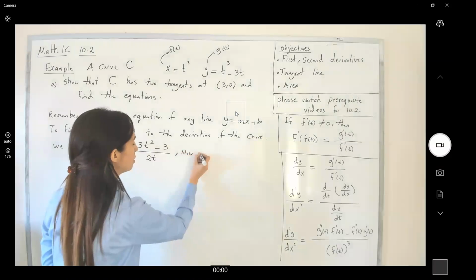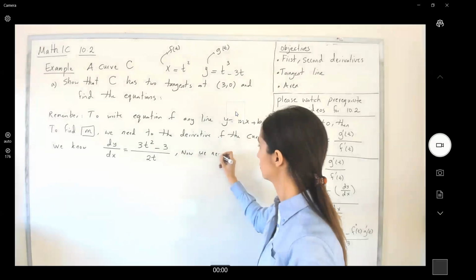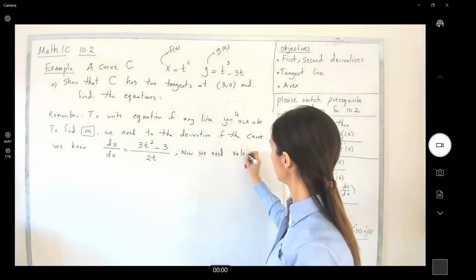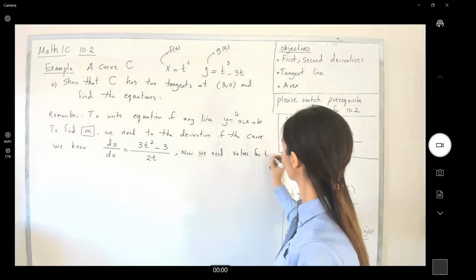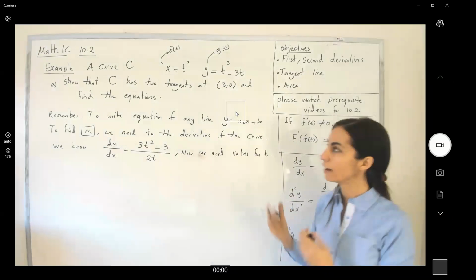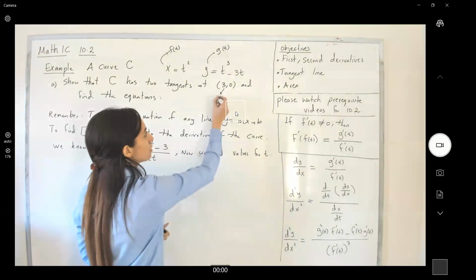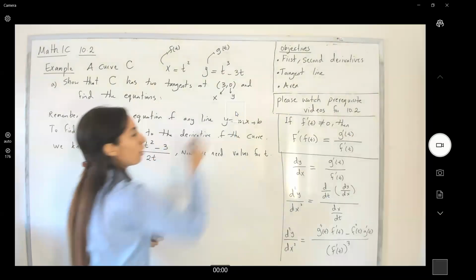Now we need values for t. Do we have values for t? Unfortunately not. We have to find them. But how do we find them? We have a point with x equals 3, y equals 0.